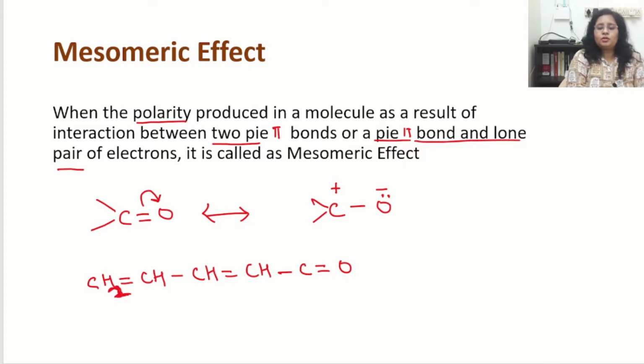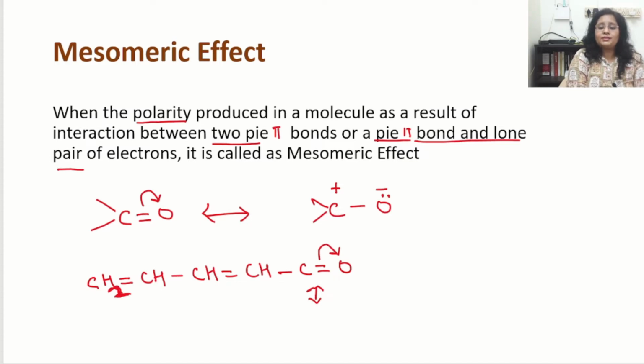So what is going on here? Here it is a pi bond and this is attracted by the oxygen. If this oxygen is attracting the pi electrons, in turn the carbon will turn positively charged.